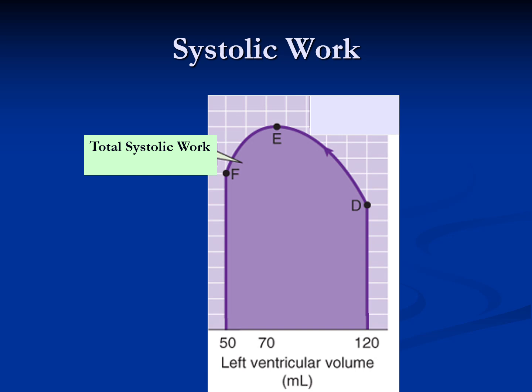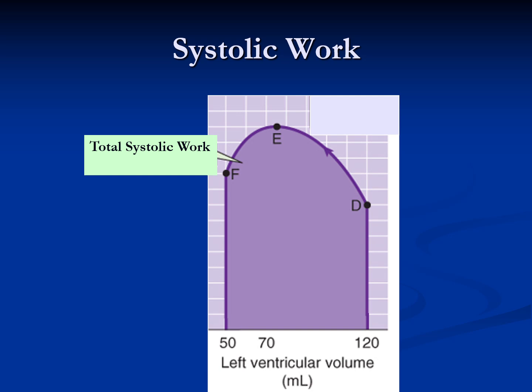If we look at systolic work, in systole, systole is from points D to F. And I ask you, what's the total pressure? We're talking pressure, not kinetic. Pressure work consumed by the ventricle, by the LV, and on this particular pressure volume loop, it's the area under this curve.